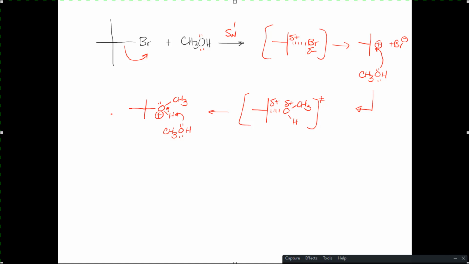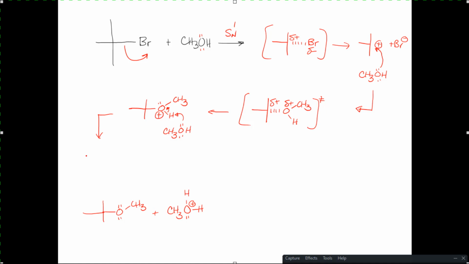So in my final step, I have the O attached to the CH3, and that oxygen will now have 2 lone pairs. Then the CH3O will have 2 hydrogens bonded to it with a lone pair, and it will have a positive charge. And so that's the final product.